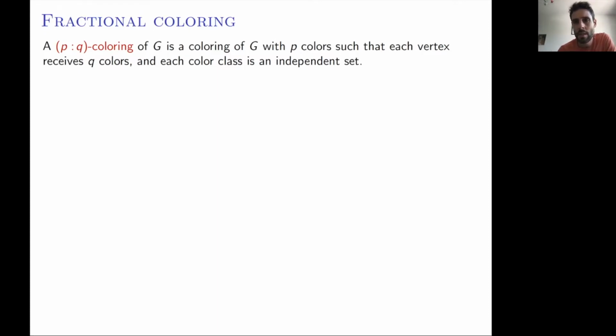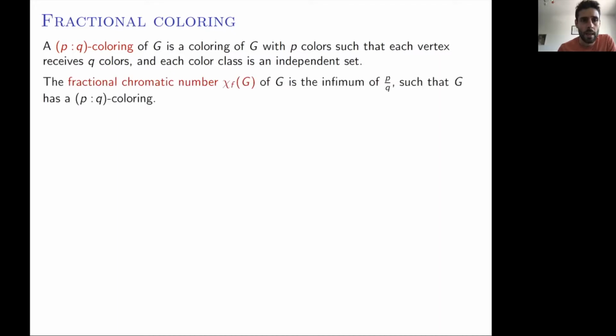And again, this is the same as saying that 2 adjacent nodes have disjoint sets of q colors. And the fractional chromatic number, which is denoted by χ_f, is the infimum of all these fractions p/q such that G has a (p,q)-coloring. And you can prove that it's actually a minimum, it gets attained for some fraction p over q.